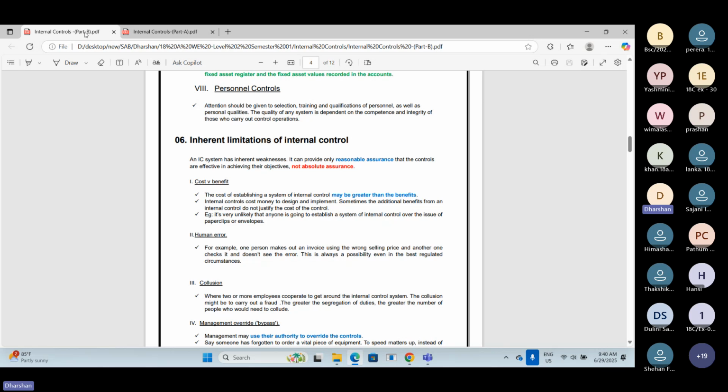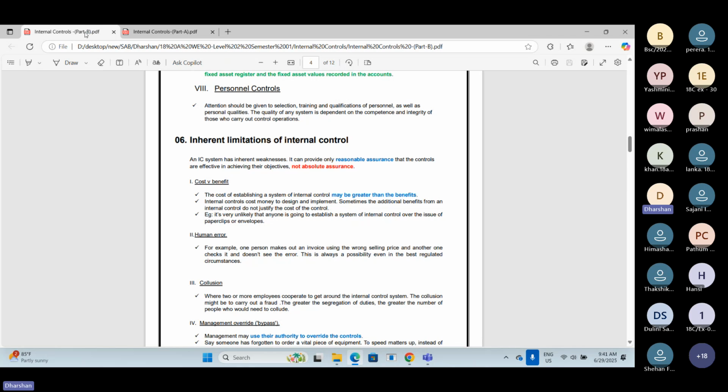We can't give it, because they have not implemented controls for 3 processes. Clear? So in such a situation, we are not in a position to give 100% assurance because 3 processes are out.